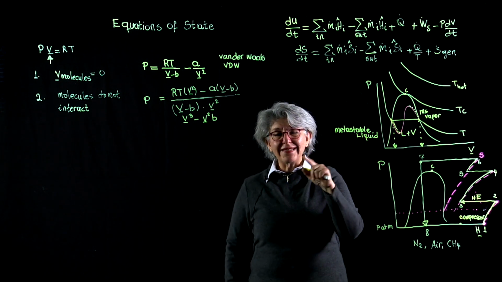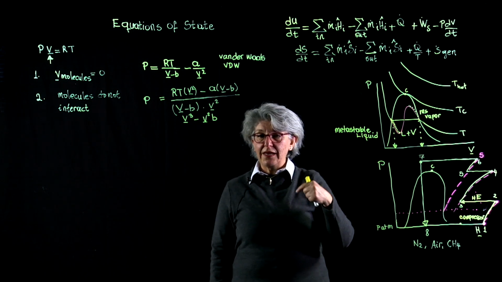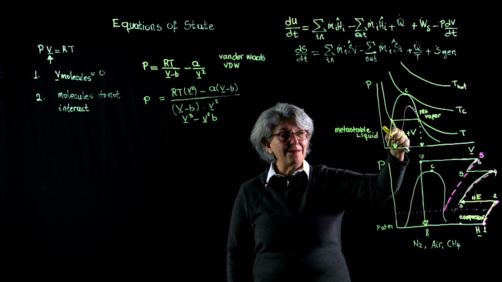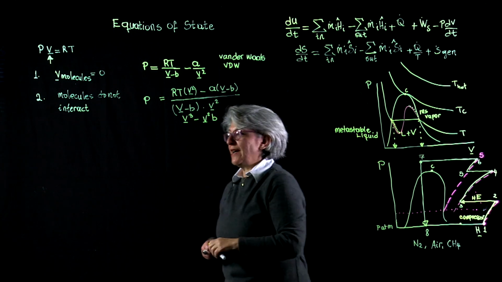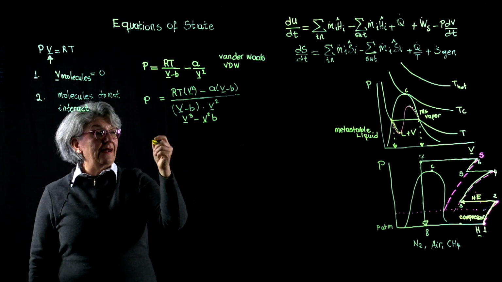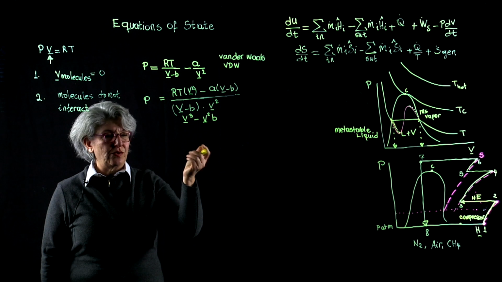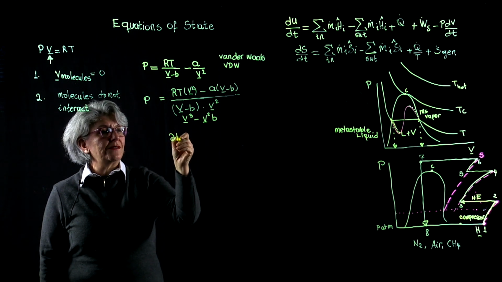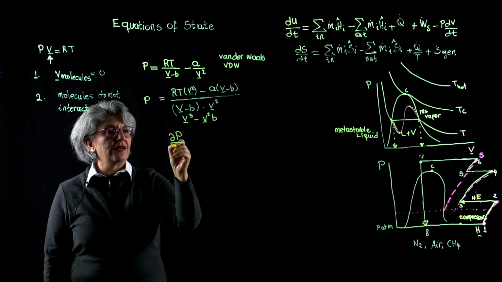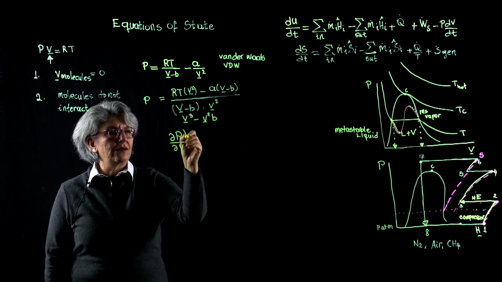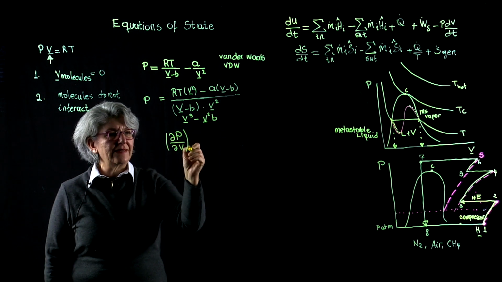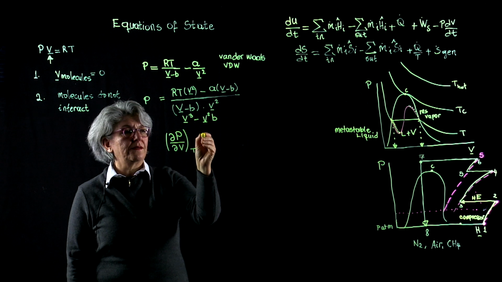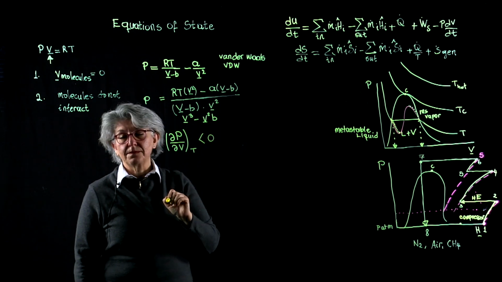So in this metastable state, the fluid behavior is consistent with what thermodynamics dictates. What does thermodynamics dictate? Real-life observation also, of course. The rate of change of pressure with respect to volume at constant temperature should be negative, right?